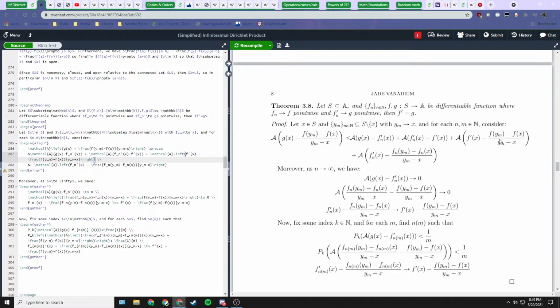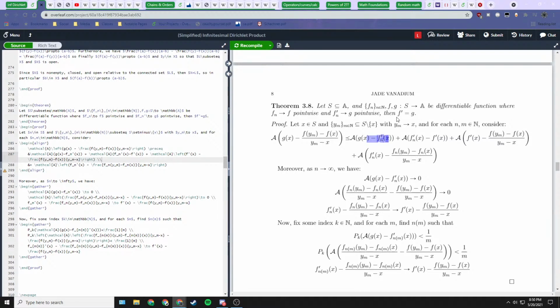Yeah, this is trivial. If we assume that f is already differentiable, which we don't need to do here, this becomes trivial, because g minus this fraction is bounded, so we go from g to f prime sub n to f prime, and then to this fraction.